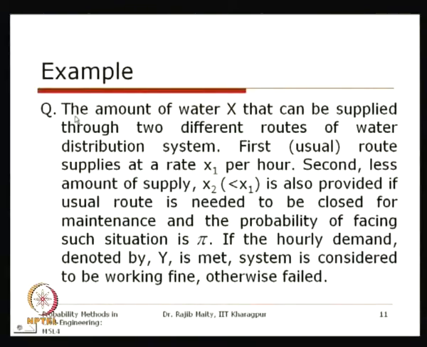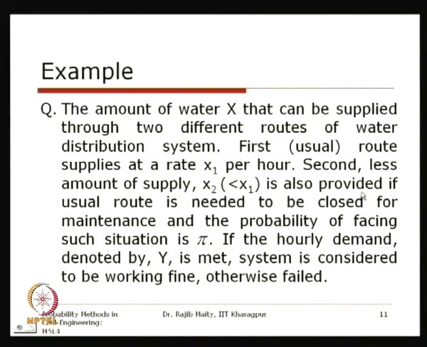The problem states the amount of water that can be supplied through two different routes of the water distribution system. The first one is the usual route, through which water can be supplied at a rate of x1 units per hour. Through the second route, a smaller amount of supply is possible, denoted as x2, where x2 is less than x1.